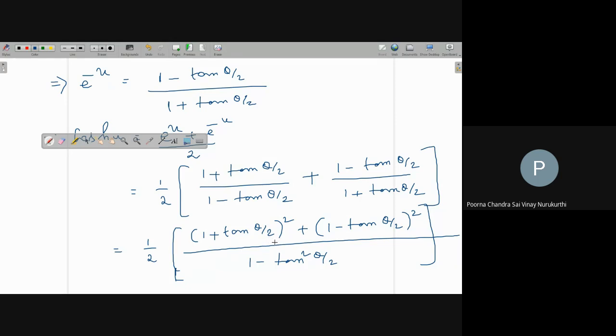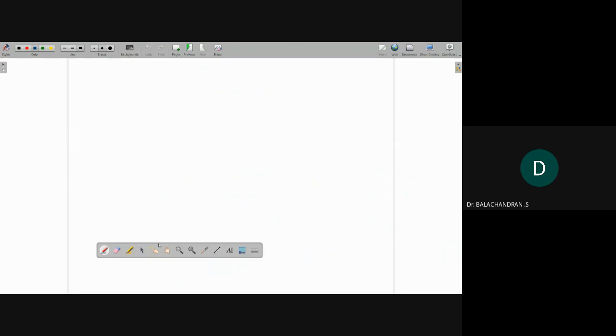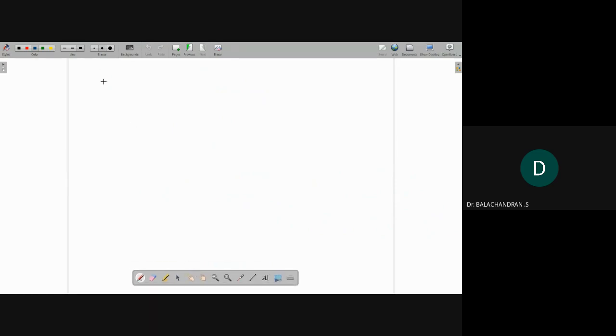I took 2 commonly. Directly I will write 1 plus tan square theta by 2 divided by the same denominator 1 minus tan square theta by 2.